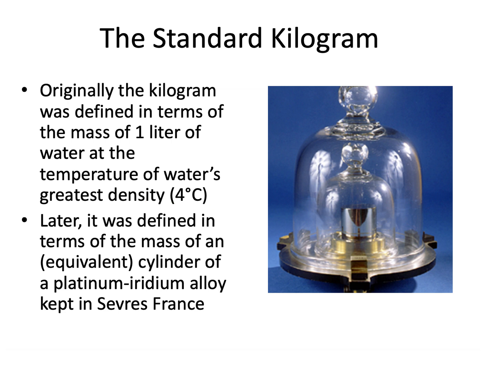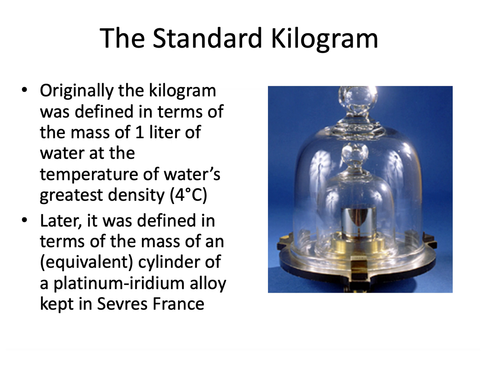And so the amount of mass contained in 1 liter of water at its densest form, that's how much mass made up the original kilogram. Now, later, they built an equivalent cylinder, again, made out of this platinum iridium alloy that is very stable, and they said, okay, this much mass is the mass that we are arbitrarily defining to be the kilogram.